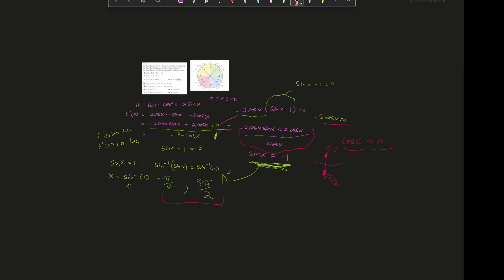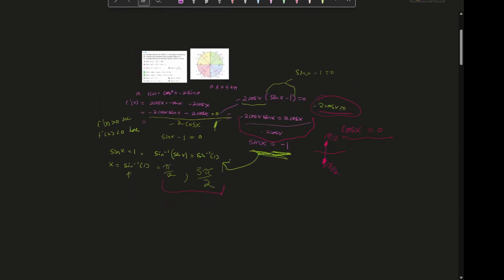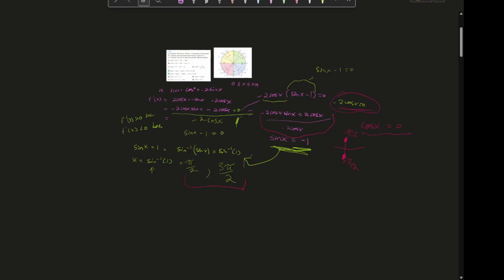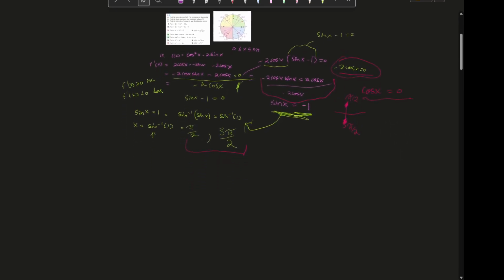That also gave us sine x equals -1, which was our other critical point. But solving just this -2 cosine x gave us both critical points at the same time. However you want to do it, you have 2 critical points. That's pi over 2 and 3 pi over 2.